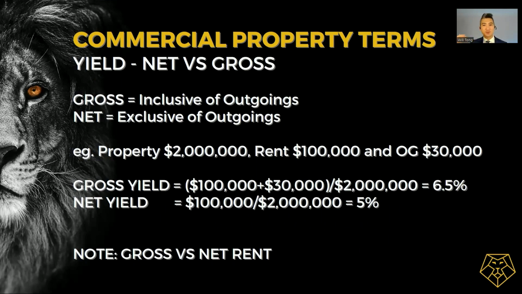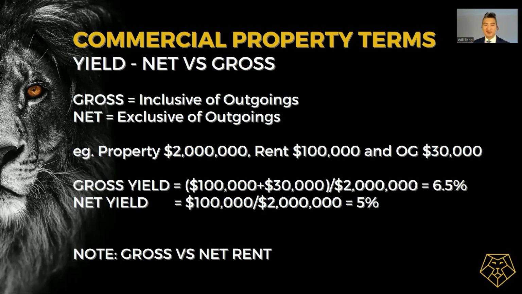So for example, the asset is worth $2 million and you're receiving $100,000 in rent or in income, then that probably offers you a 5% yield. Okay, but the difference between gross and net is gross yield includes the outgoings, the property outgoings like land tax, council rates, water rates, insurance, etc. Whereas net yield excludes the outgoings and just the rental.